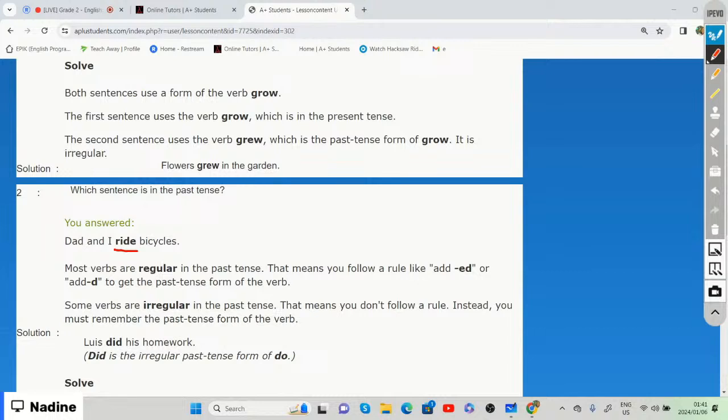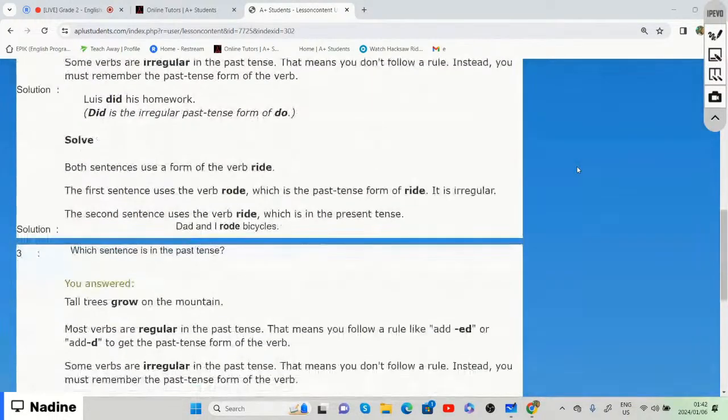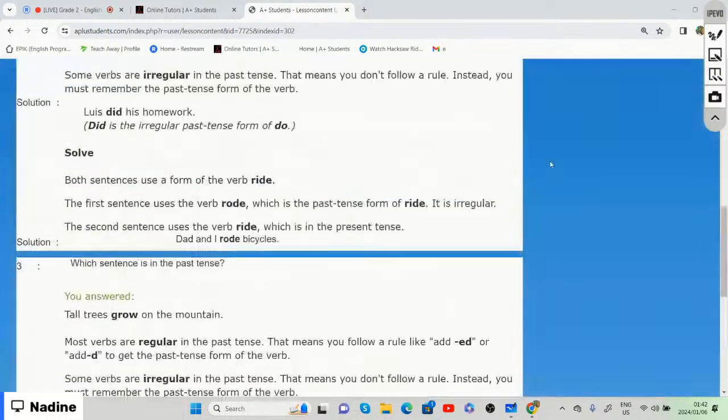So we can say Dad and I ride our bicycles, which is now, but in the past, we can say Dad and I rode bicycles. And we already did the grow and the grew.